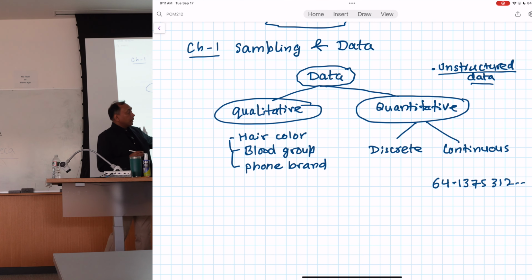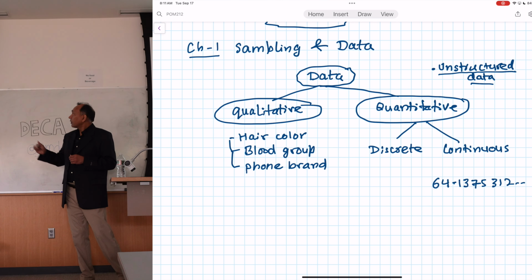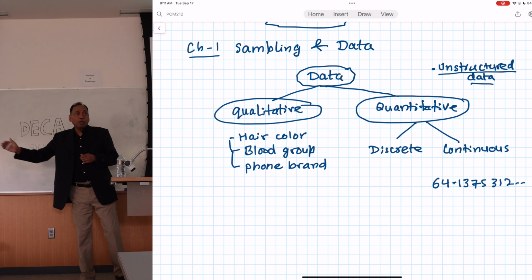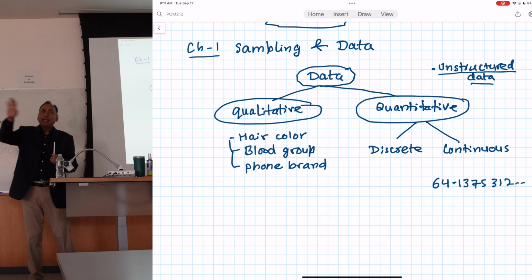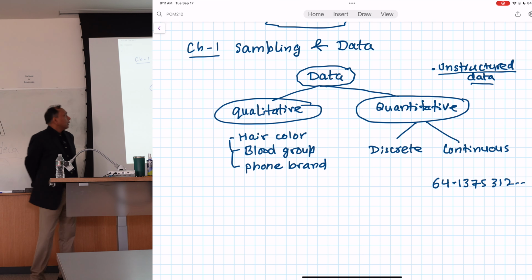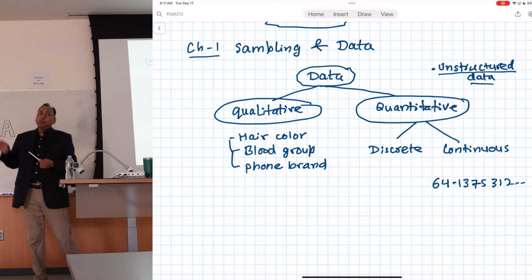All those belong to the unstructured data category. The data that we talk about, where we apply all these methods, is more or less structured data. We have data in nice rows and columns. But unstructured is also a big category, and there are many methods people are applying to unstructured data.